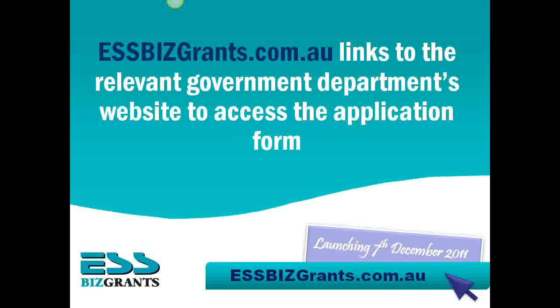If that happens to you once you start using ESS BizGrants, we would appreciate an email telling us you've had problems with a particular grant, because whilst we are indicating to you that we will be maintaining this site by including details of new grants and withdrawing old grants, sometimes the monitoring of it will be very difficult, and we would appreciate some feedback if something's gone wrong with a particular grant.